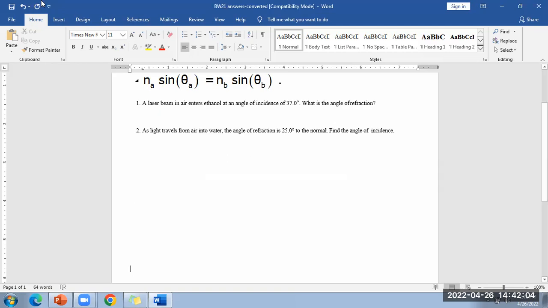So ganun din, pag may mga missing value tayo, pipiliin nyo na lang kung anong letter yung missing value natin.